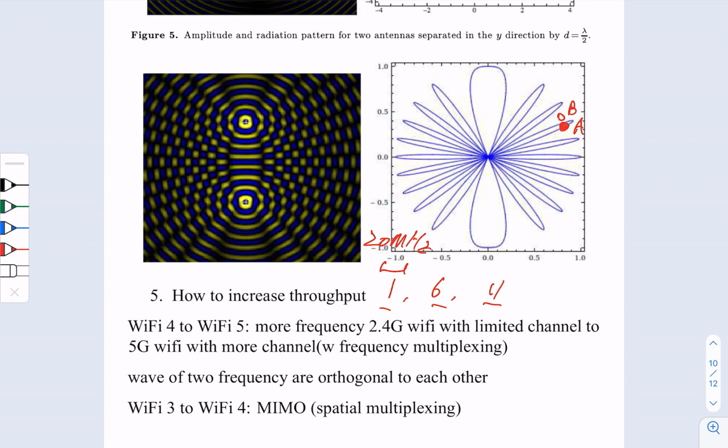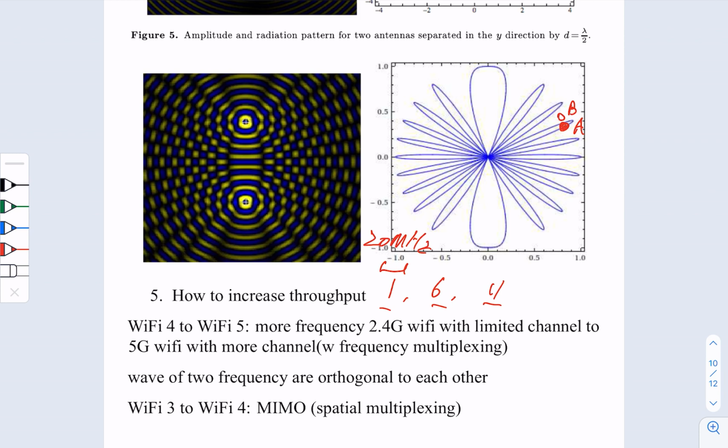The reason is that here is a pattern being generated by two of the transmitting antennas. But here you can see that only at antenna A are you receiving a strong signal, and at antenna B you are actually not receiving any signal at all.